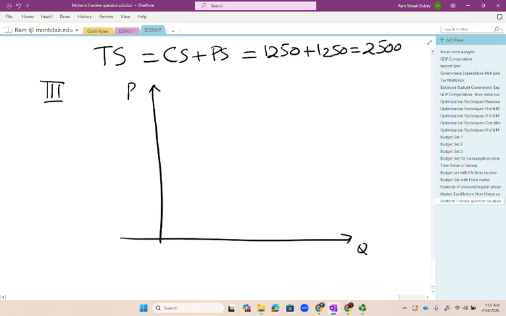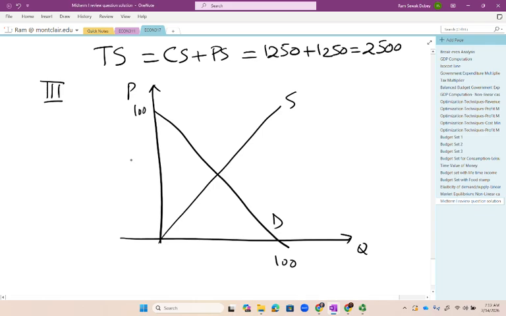Price here, 100, and this is 100, and this supply has a slope of 1. So now we know the equilibrium turns out to be 50 here, 50 here. The quantity is in boxes. The price is in dollars per box.